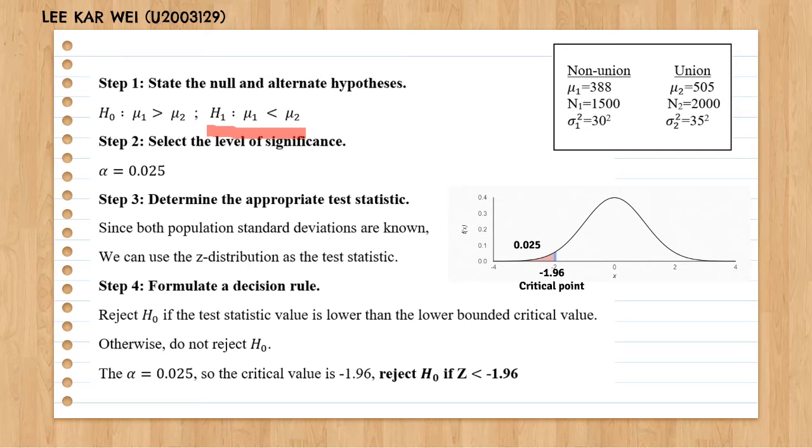Any value on the negative side that is lower than negative 1.96 is going to be our rejection area. And the fourth step is to formulate a decision rule. Reject the null hypothesis if the test statistic value is lower than the lower critical value, which is negative 1.96. Otherwise, we do not reject the null hypothesis.